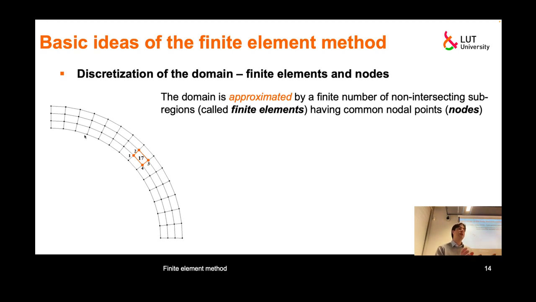So you split your computational domain, the area where you want to find something, some field, displacement, temperature, electric potential, whatever. You split it into some relatively small volumes. And those volumes are called finite elements, and they have shared boundary, and they share what we call nodes. In this example, I draw them on intersection of the boundaries, but there might be different nodes there. We will mention that very soon.